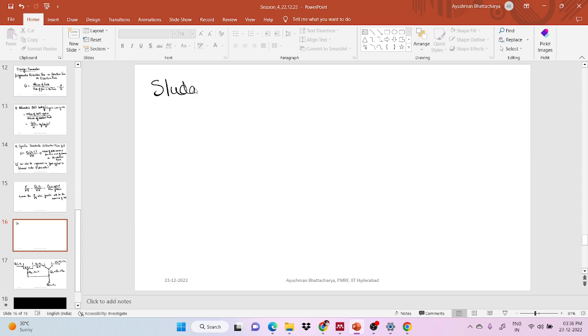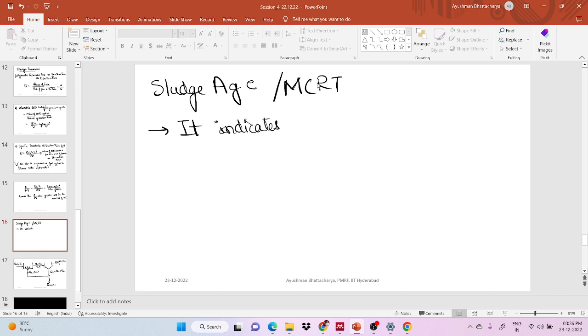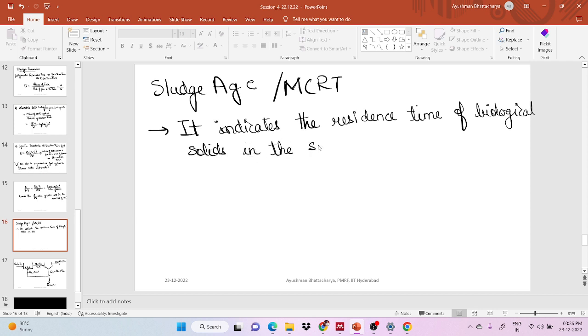Now the next thing is sludge age, or you can call it mean cell residence time. It indicates the residence time of biological solids in the system.